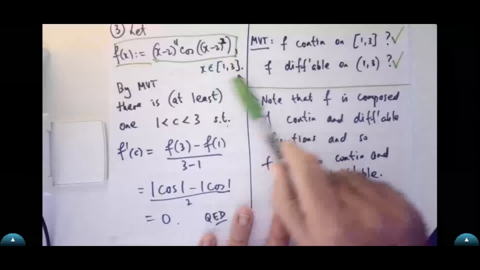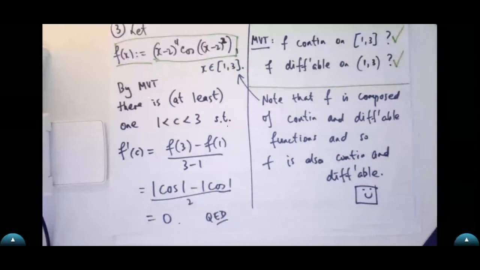Ling, the question is, is the function differentiable for all points or only within the intervals? Well, it doesn't really matter, because what we're interested in is applying the MVT to a particular point. So all we're interested in is this interval.